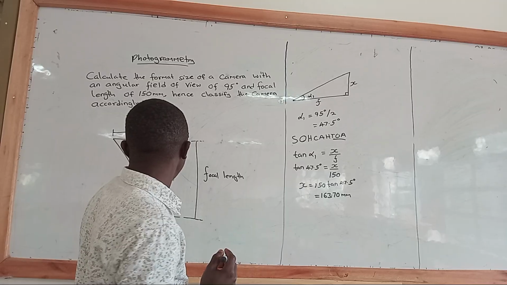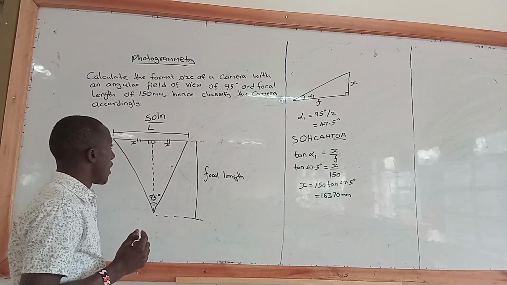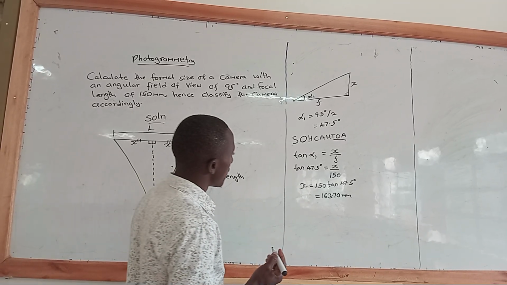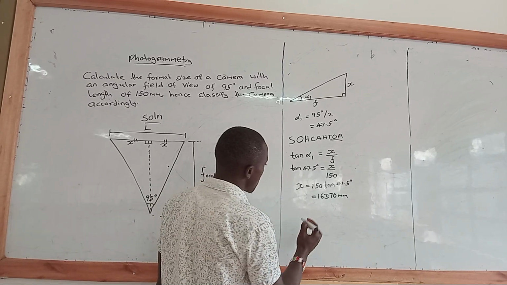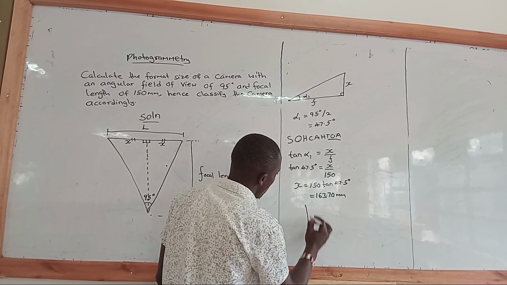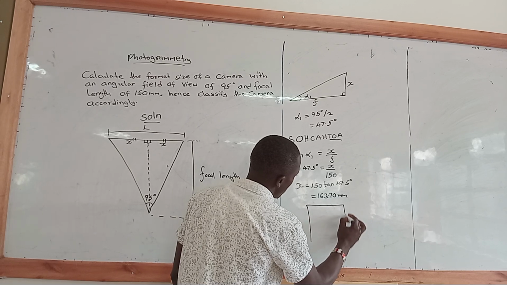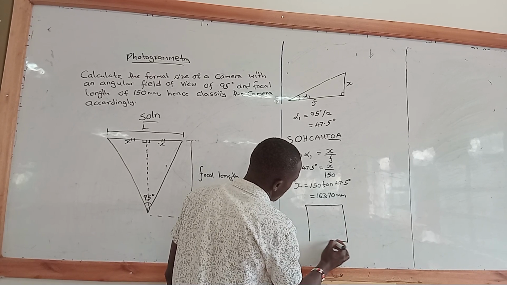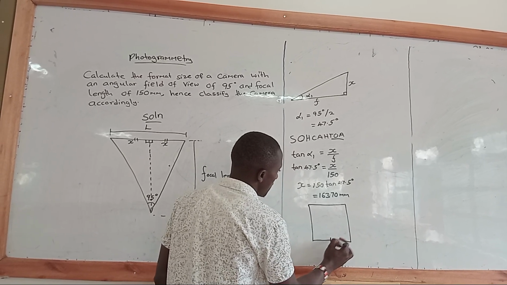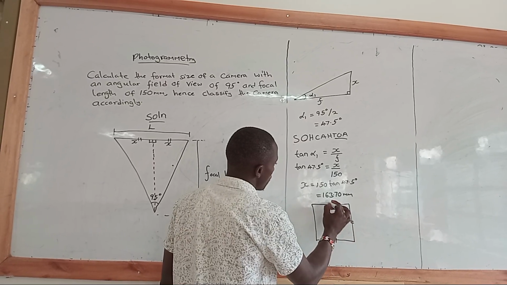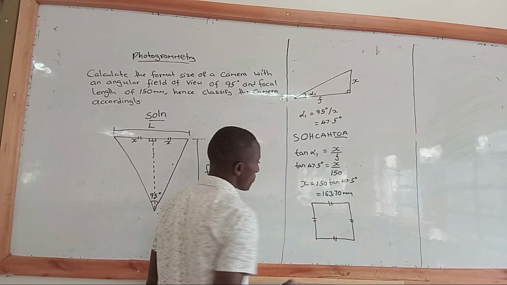So after that, we are going to find our format. And for you to get our format, we have to sketch a square of equal sides, so that this side is equal to this side, which should be equal to this side and this side.